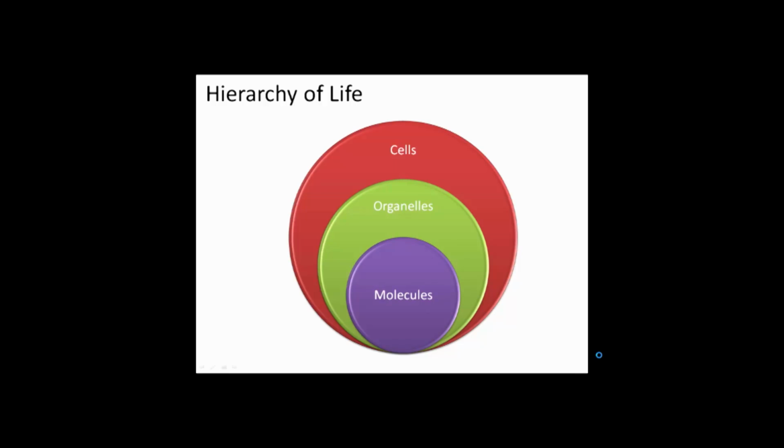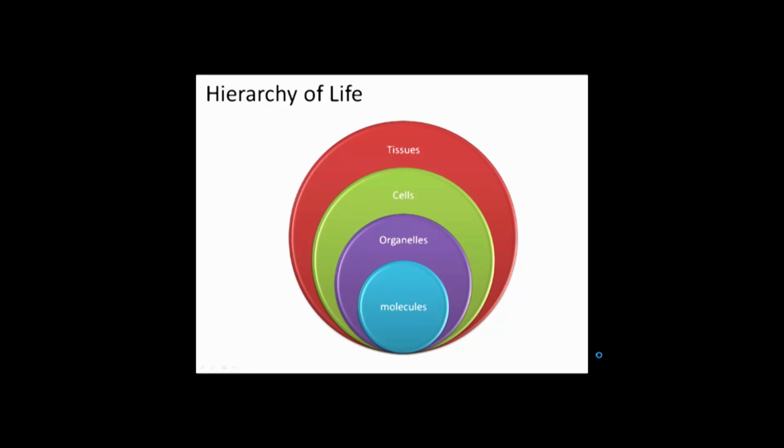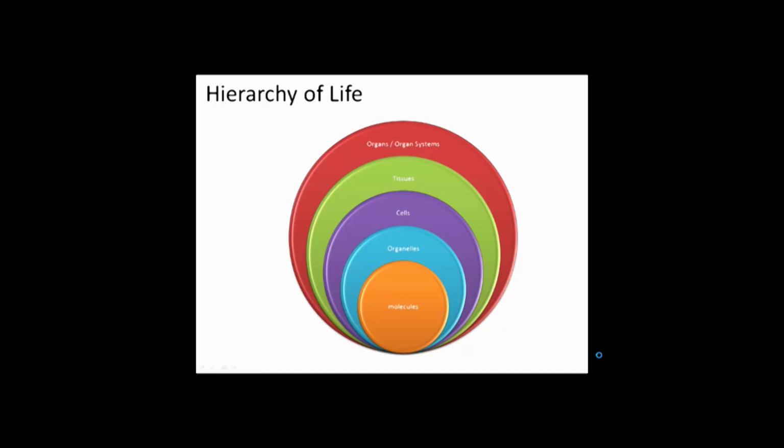Those organelles combine to form different types of cells, and those different cell types combine to form tissues. Various tissues will combine to form your organ systems, and then you get an organism. Okay, so the cell is the basic unit of living things. You can have unicellular organisms, or you can have multicellular organisms like us, humans.